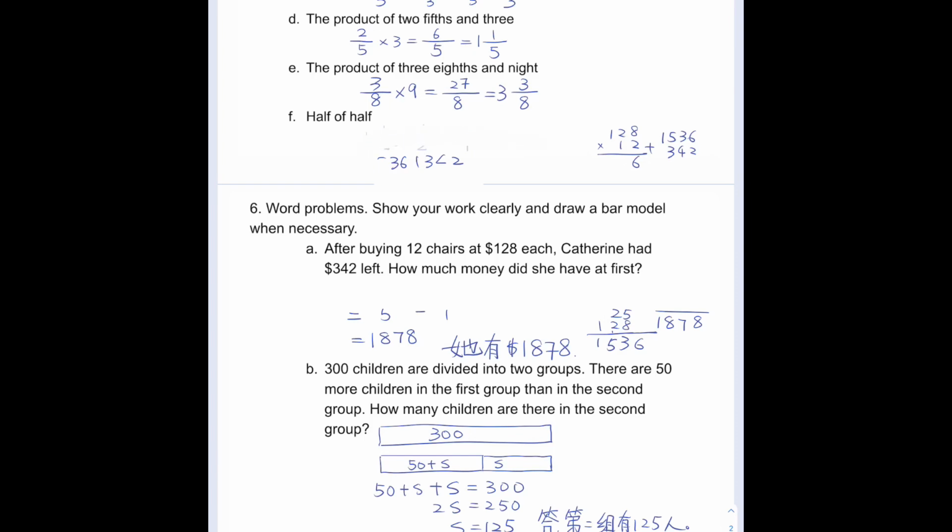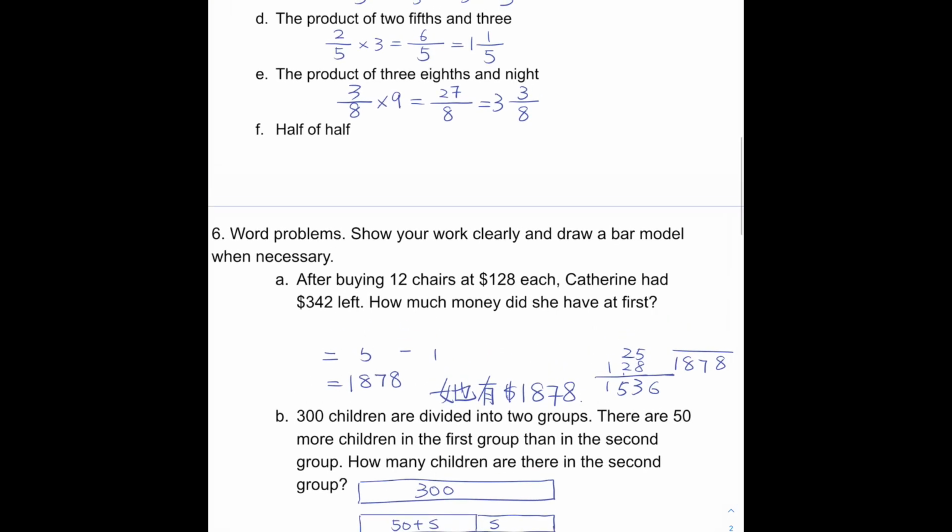Oh, because I changed the format, I think. Half of half. Okay, let me redo it. Half of half equals 1/4.